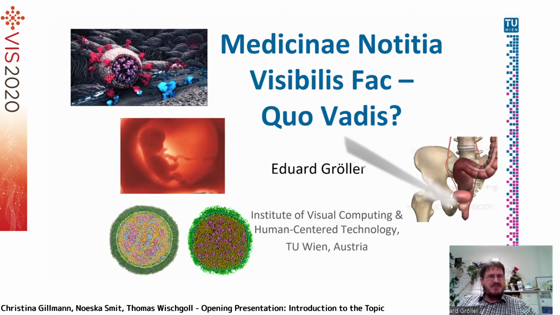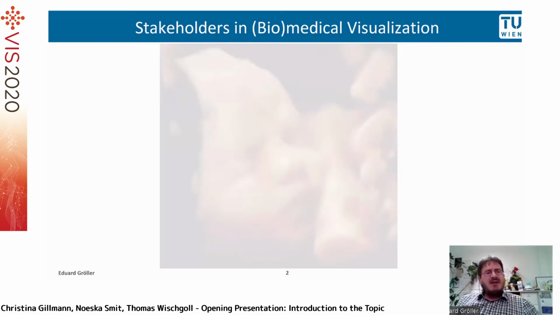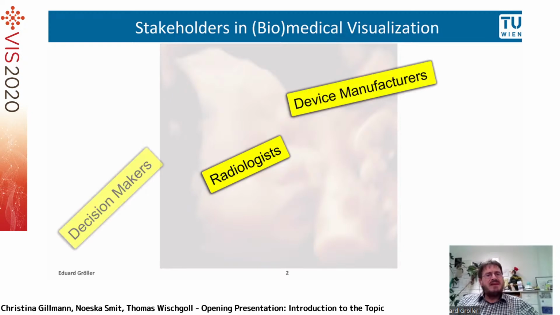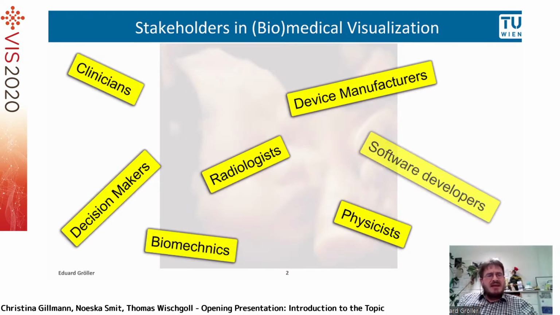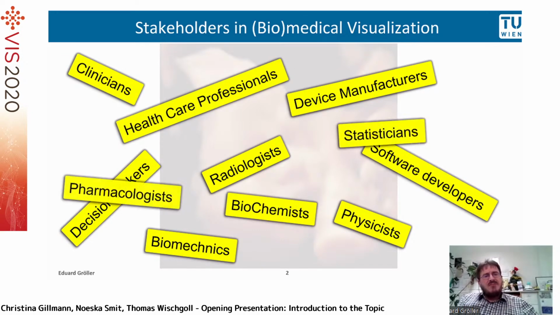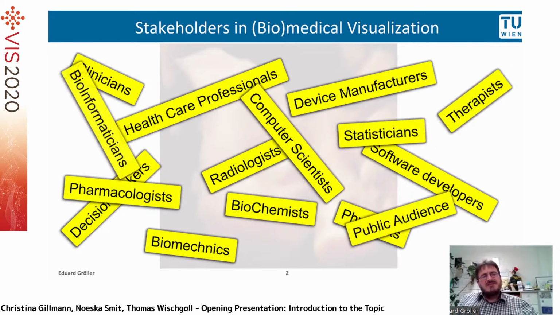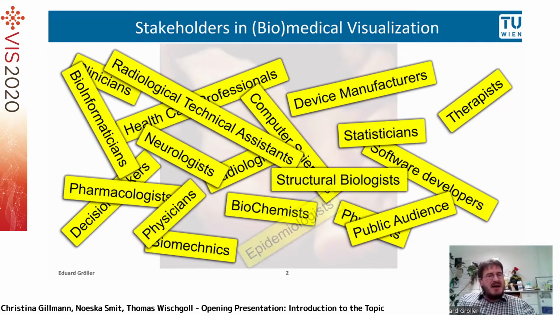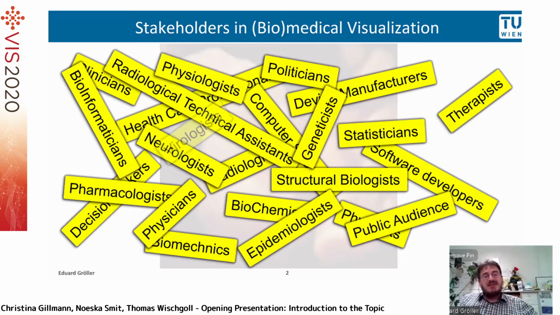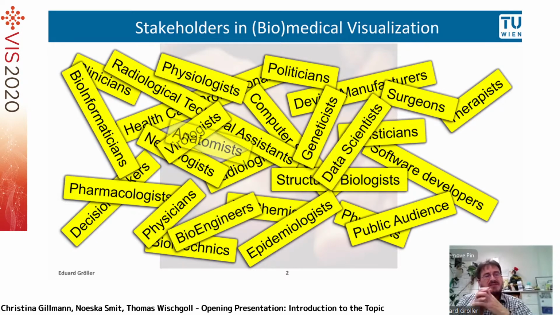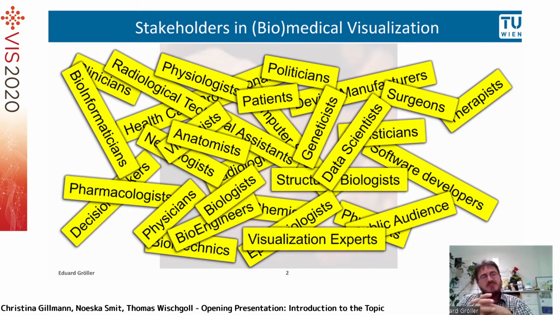If you look at the situation nowadays in medical and biomedical visualization, you have an awful lot of different stakeholders, from radiologists, from medical doctors, physicians, bioengineers, public audience, patients, software developers, visualization experts.